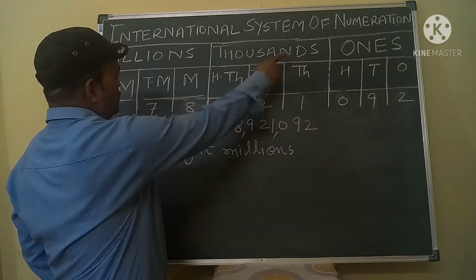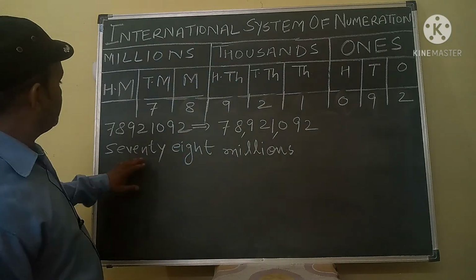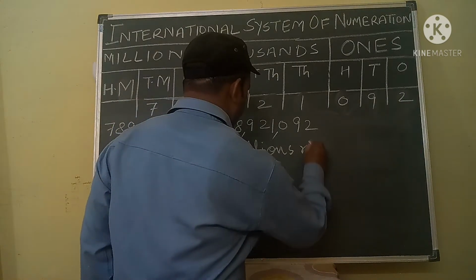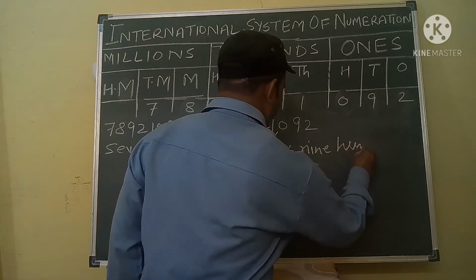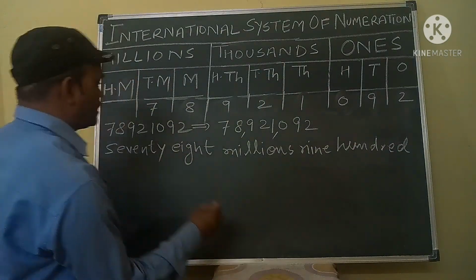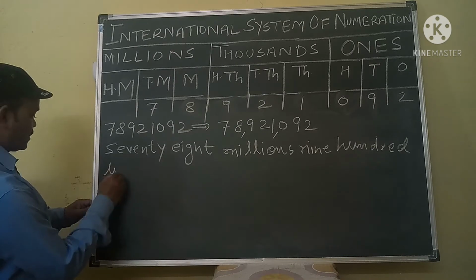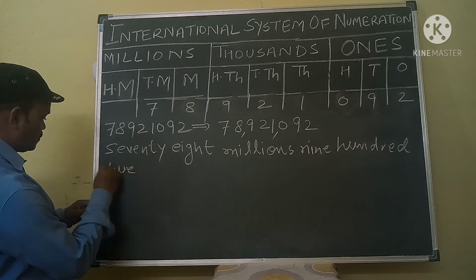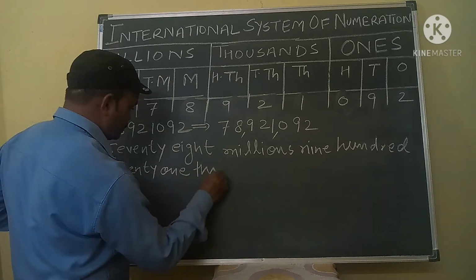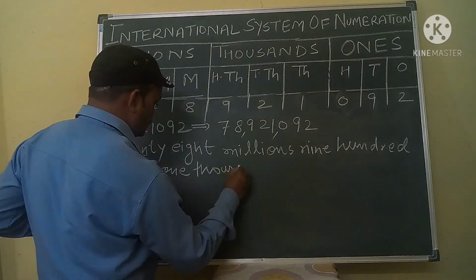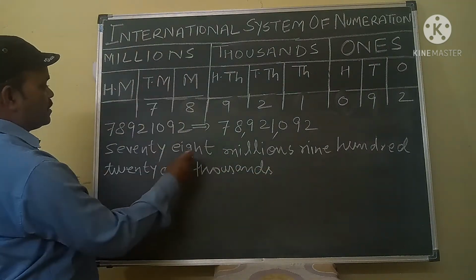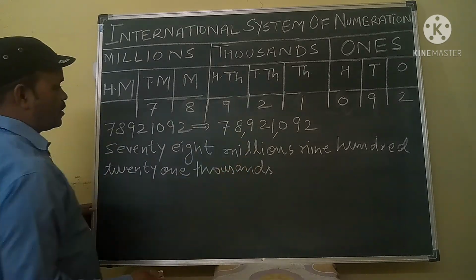It is in which period? Thousands period. So 78 million 921 thousand.